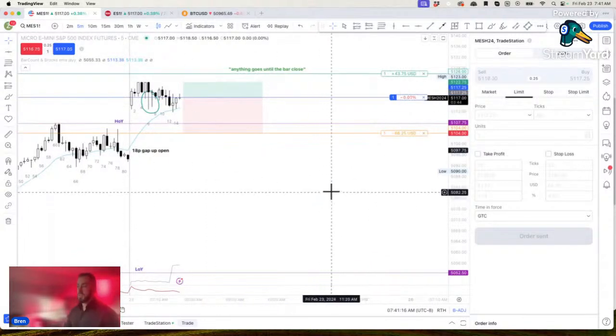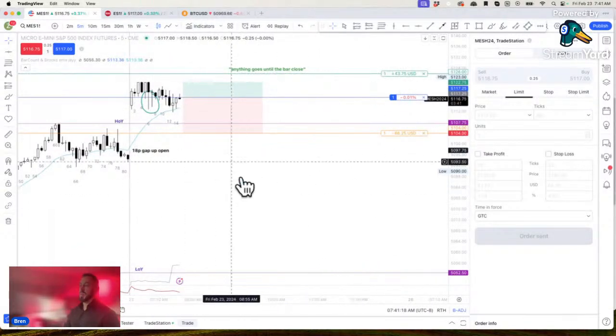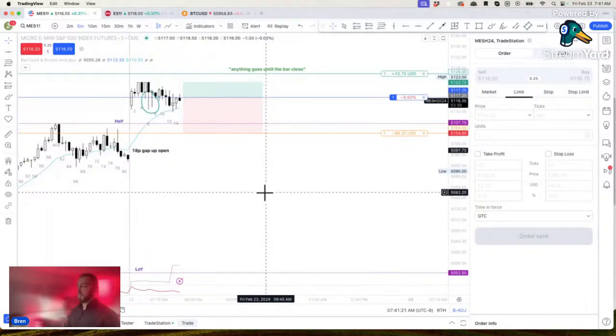This is a trading range. We just bought in the middle of a trading range. It's not the best setup.